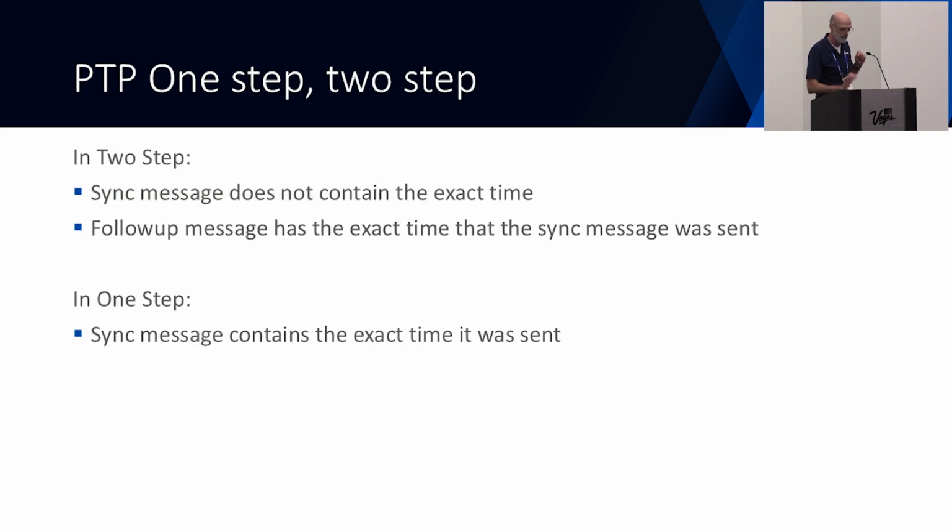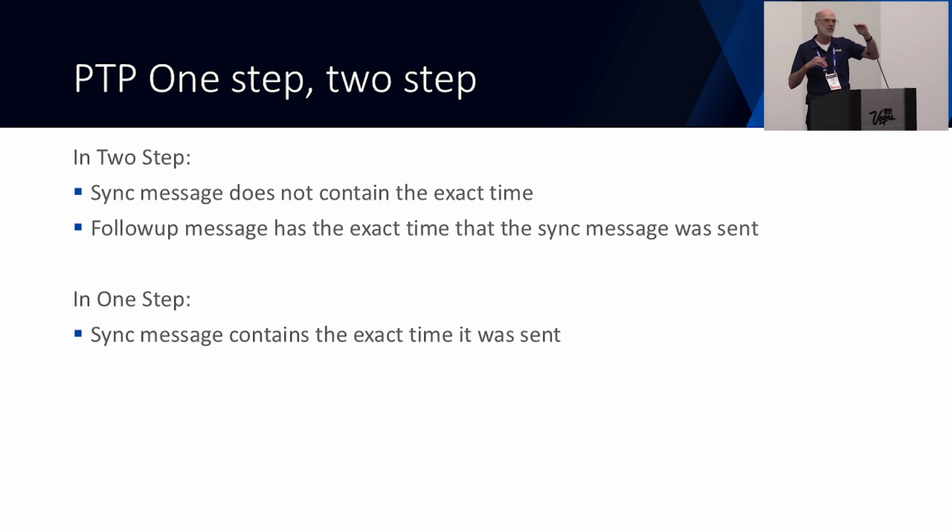So there are two methods used in PTP, called one-step and two-step. What two-step is: I send my sync message, and I don't put in what time that sync message is sent. I just send it, quickly read what time it was sent at, and send a follow-up message that actually contains the time.